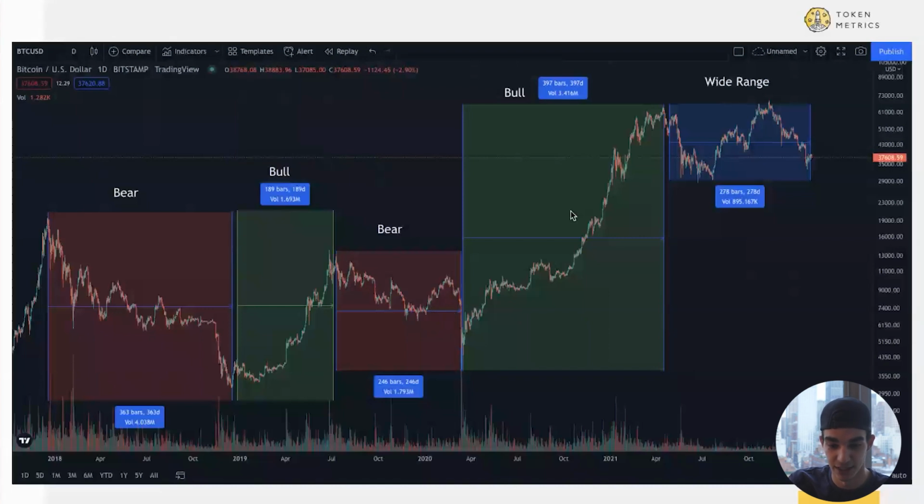And then you have the big bull run of 2020 and 2021, which is here all the way to the top around April, May of 2021. And then here, the most recent prices, I considered it to be a wide range from around 65K to 30K. I'm considering this market environment to be in a very wide range.